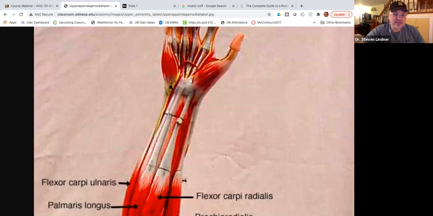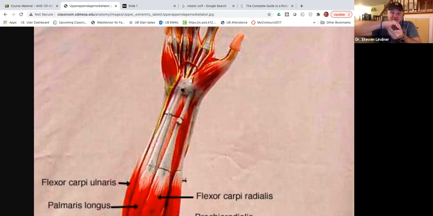This ligament, I should say, not tendon, goes from your carpal bones on the radial side to the carpal bones on the ulnar side, and it makes up the roof of the carpal tunnel. That ligament is the roof, whereas the carpal bones are the floor. So you have a roof, and then you have a floor.